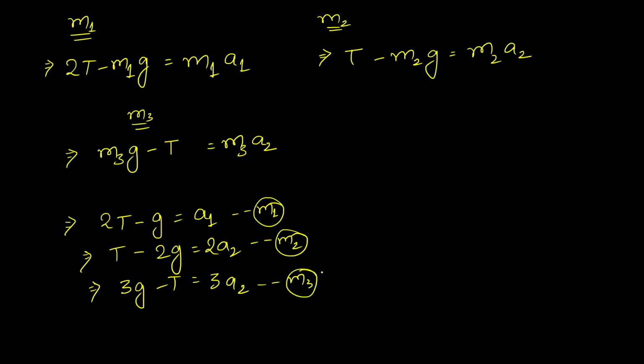Now if you look clearly over here, the variables are tension T, acceleration a1 and a2. Rest all other things are known. Only g is there, that is known, acceleration due to gravity. So we are having three unknowns and three equations. So you can easily solve this by applying some mathematics, and after solving you will get acceleration a1 of mass m1 as 19g upon 29 in the upward direction, that is positive.